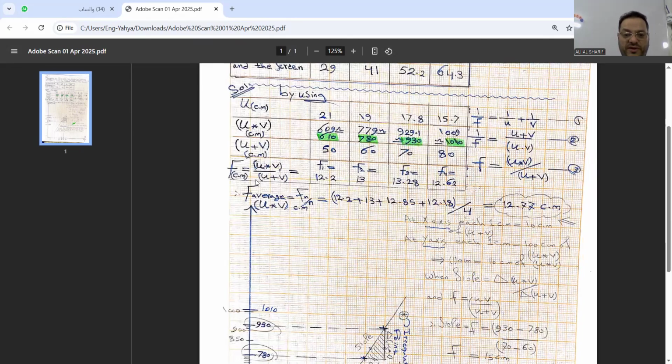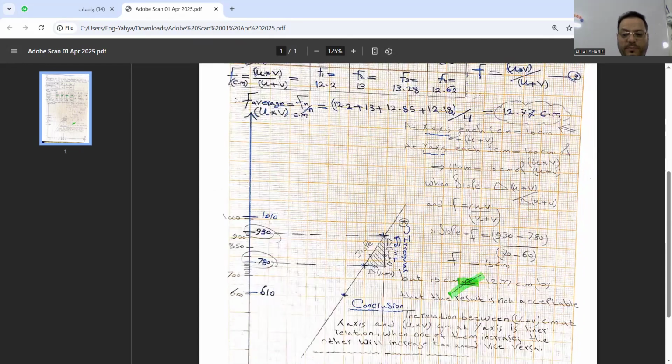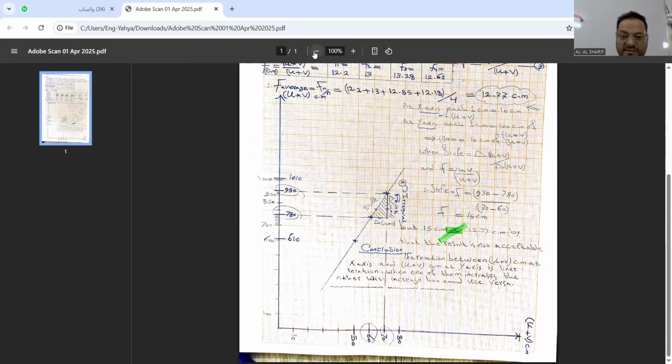U multiplied by V will be on the y-axis. U plus V will be on the x-axis, like that. Let me just decrease the screen a little bit to be better. Yes. On the x-axis, each 1 centimeter equals 10 centimeters of U plus V. By that, 1 centimeter, 10, 20, 30, until 50 to 80 centimeters.